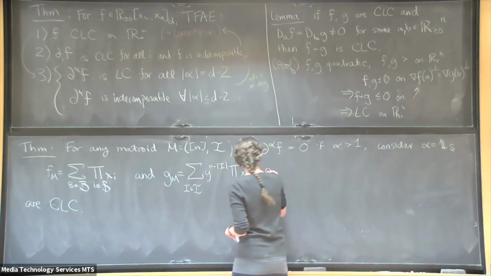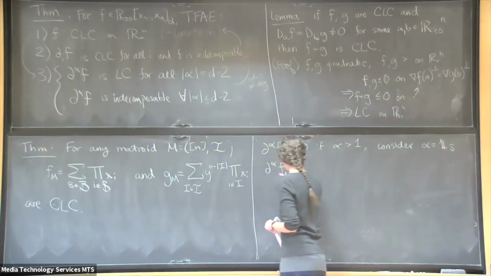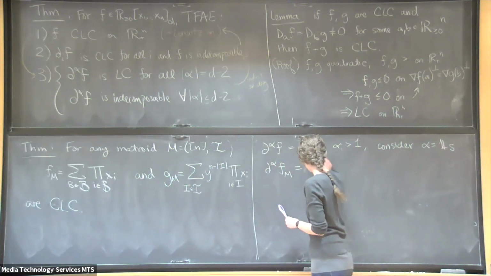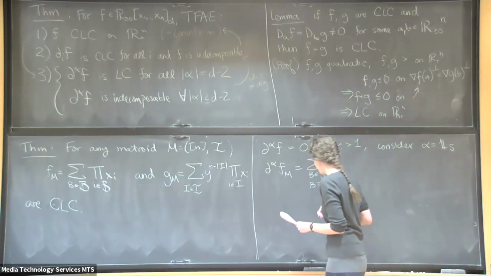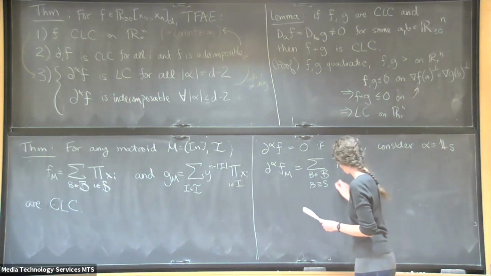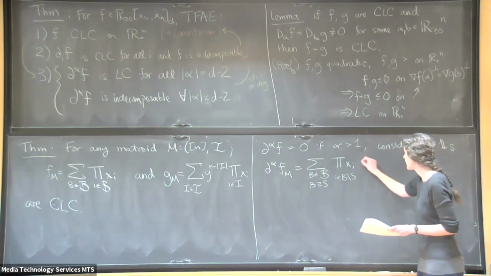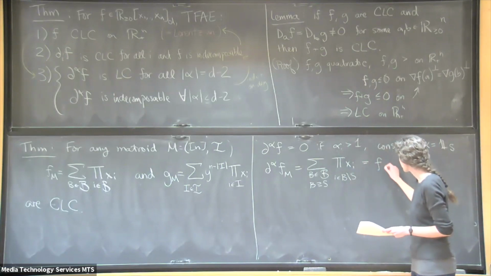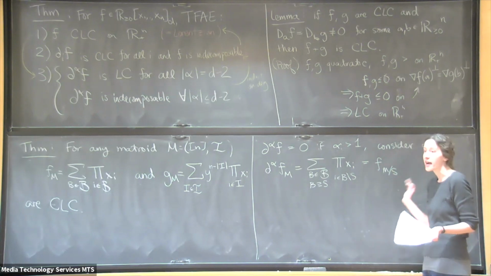And just like before, taking the derivatives with respect to this is going to be the sum over all bases that contain that subset. And in fact, this is the basis generating polynomial of another matroid called the contraction.